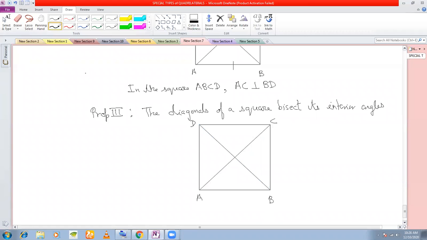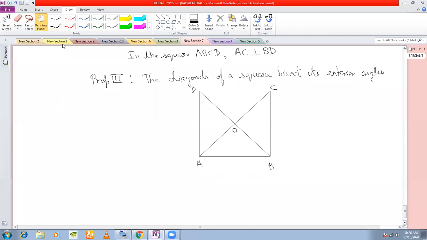You have the square. Suppose the diagonals intersect at O. Then each interior angle of a square is 90 degree, right? According to this property, the diagonals of a square bisect its interior angles. If the diagonals bisect the interior angles, then these two angles must be equal.